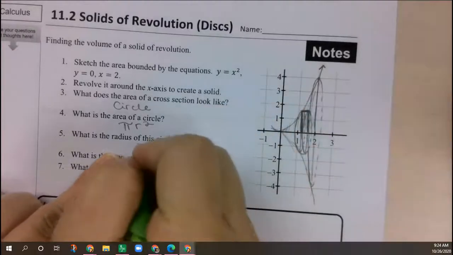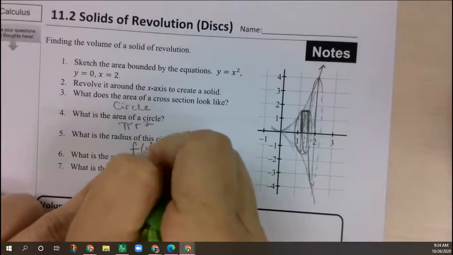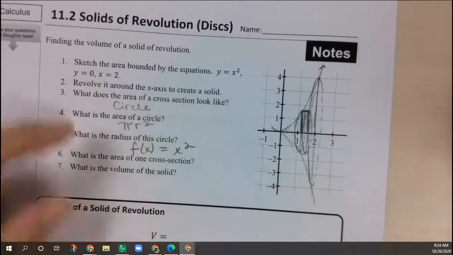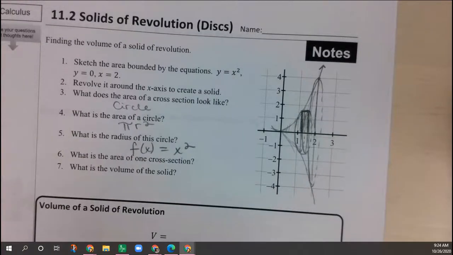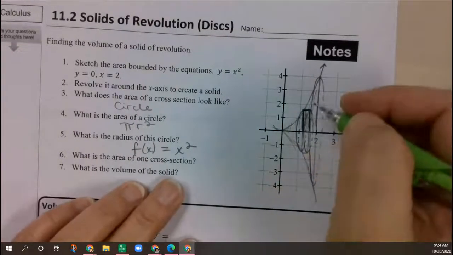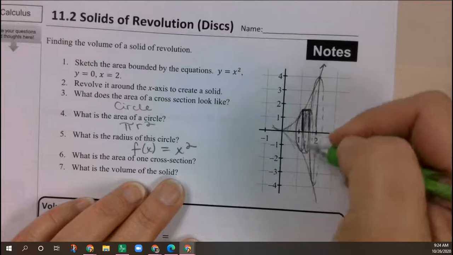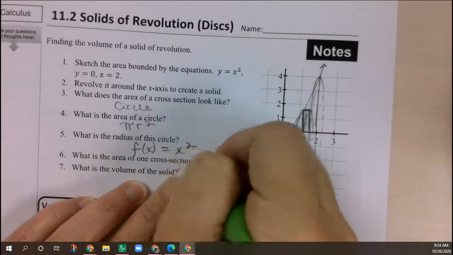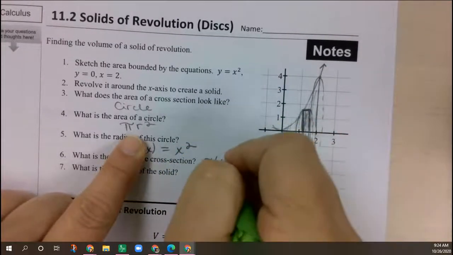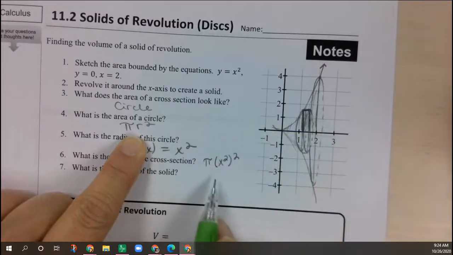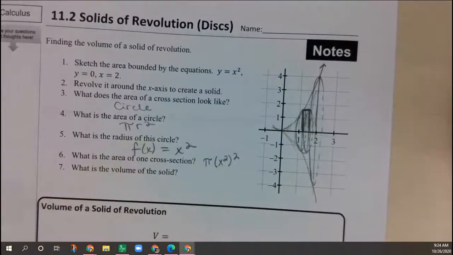It would be our function, which is x squared. So the area of this one circle would be pi r squared, but instead of r, I'm going to put in x squared, and then square it.